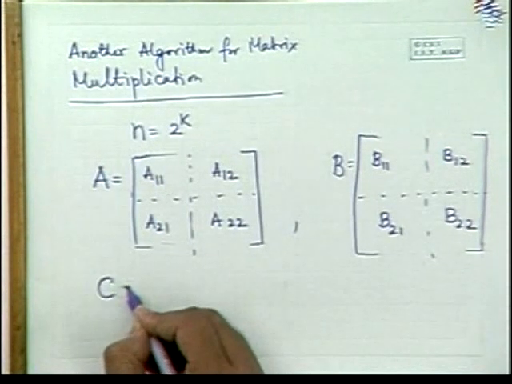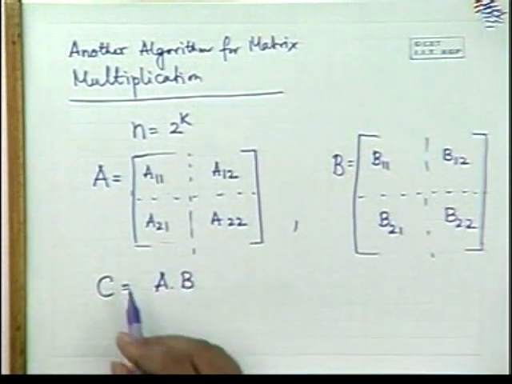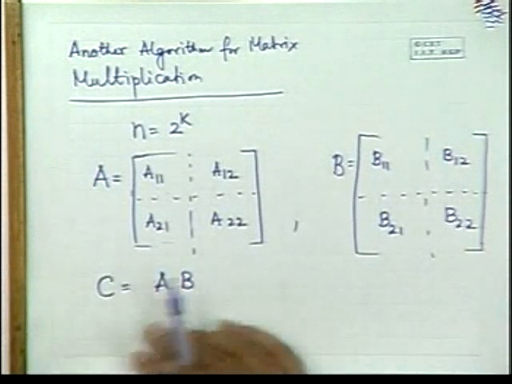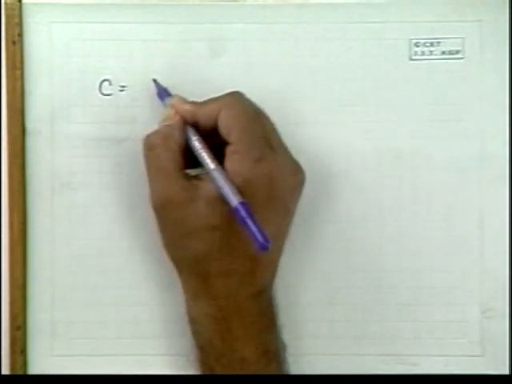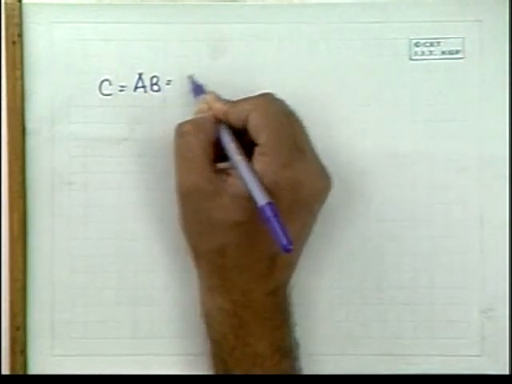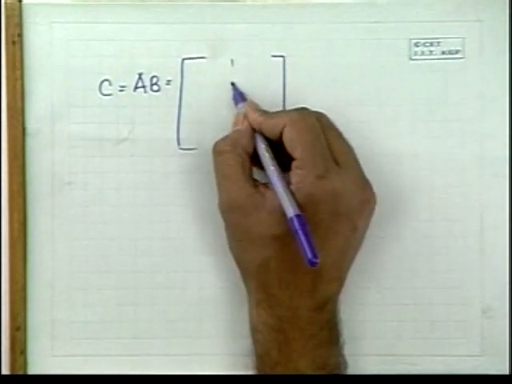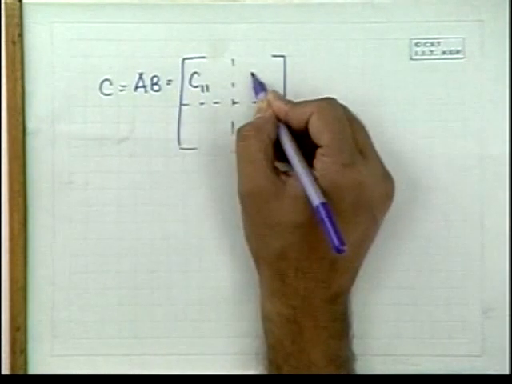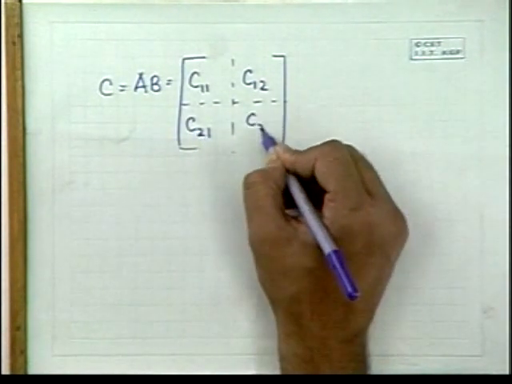Now suppose we write C is equal to A times B. So we want to compute the elements of C. So let me write C again into 4 equal parts. So I am going to write C is equal to AB, which is again an n by n matrix, which we are going to divide into 4 equal parts, and we are calling these C11, C12, C21, C22.